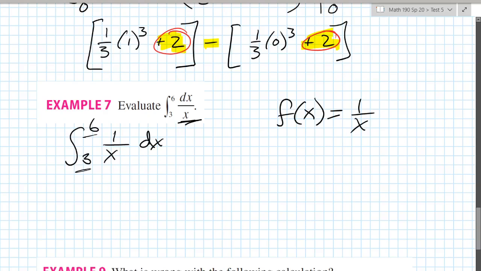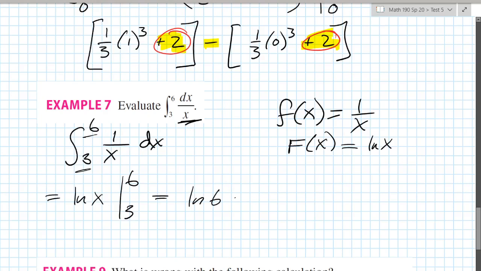Do I know an antiderivative of this, f of x? Yes. The antiderivative of f of x is the ln of x. So we have the ln of x from 3 to 6. The ln of 6 minus the ln of 3.